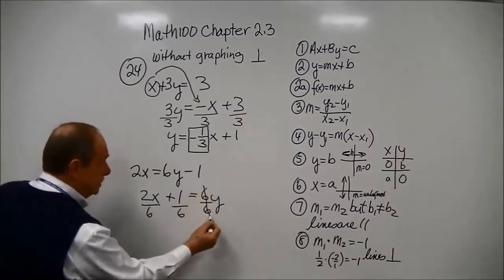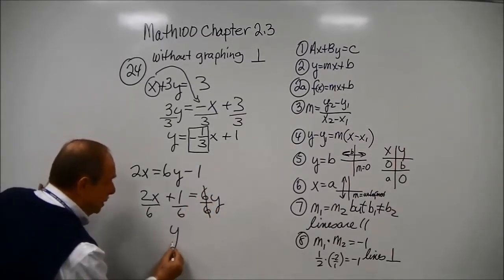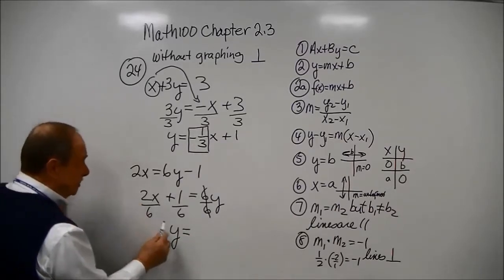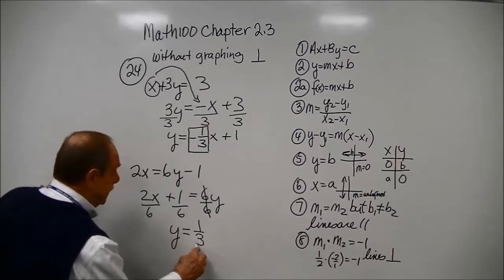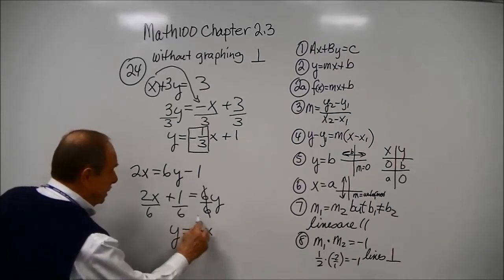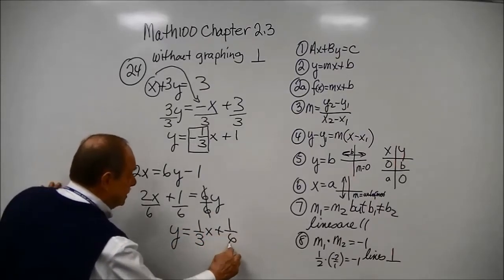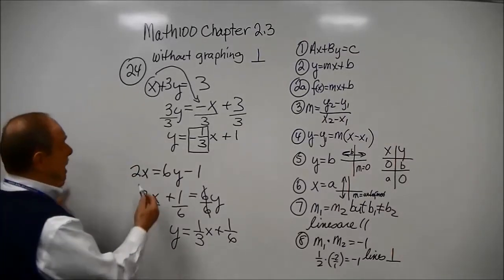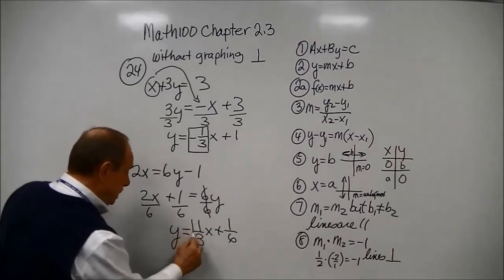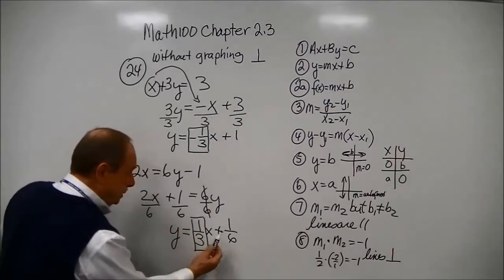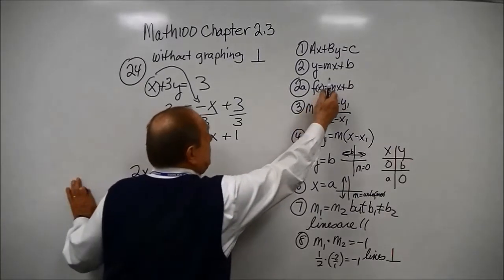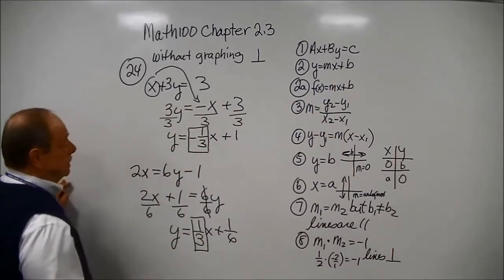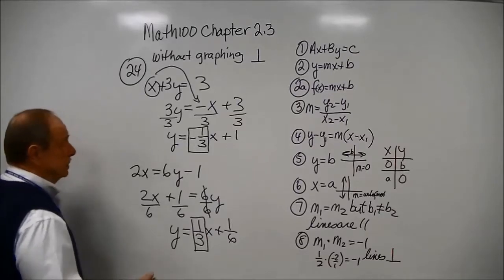Now this becomes a 1, so I'll put the y here. This 2/6 becomes 1/3 x plus 1/6. So the slope of my second equation is the numerical coefficient of the x, which is my m here, and it's 1/3.